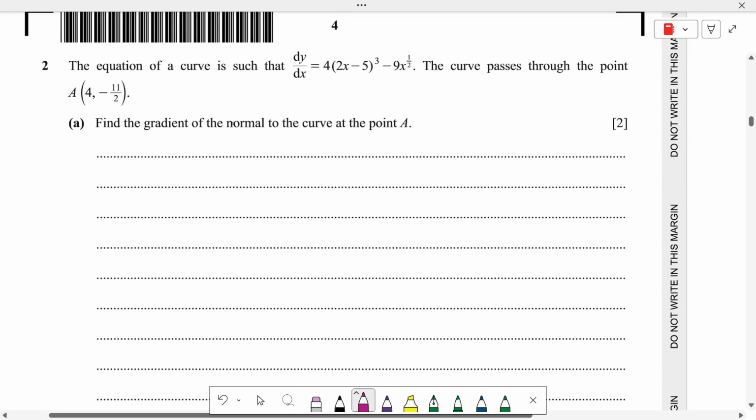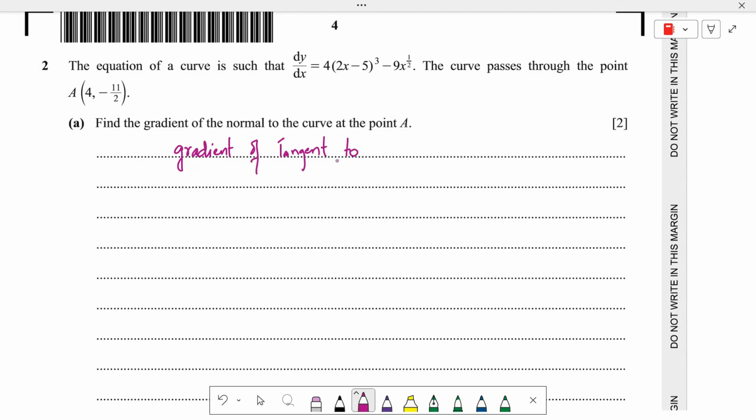Okay, first we find the gradient of the tangent to the curve at A, which is equal to dy over dx at point A, which is (4, negative 11 over 2).